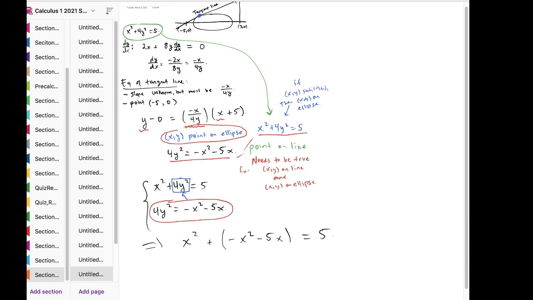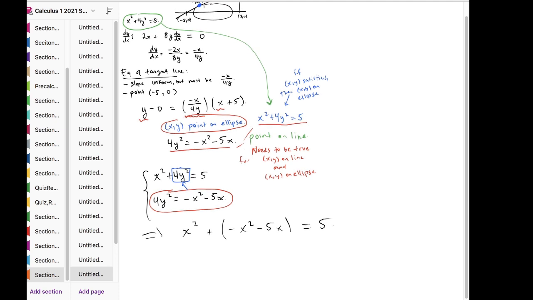We have two equations. x squared plus 4y squared is equal to 5 is the ellipse. And you have the tangent line, 4y squared is equal to negative x squared minus 5x. What point satisfies both of these? It's precisely the point that we want, where the ellipse hits the tangent line. And so by substitution, we get negative 5x is equal to 5, x is equal to negative 1.